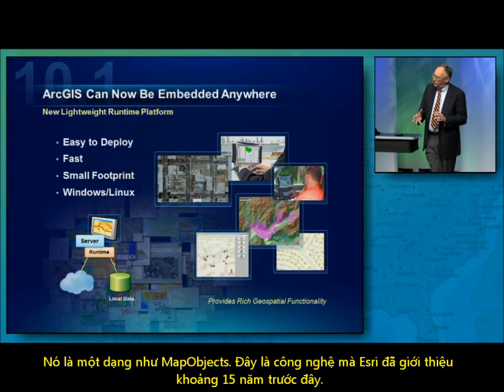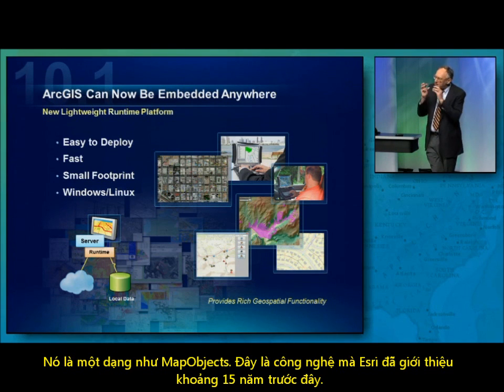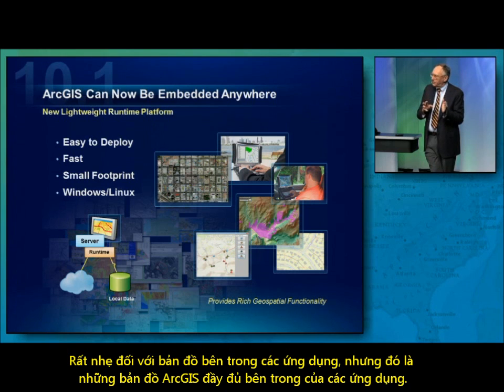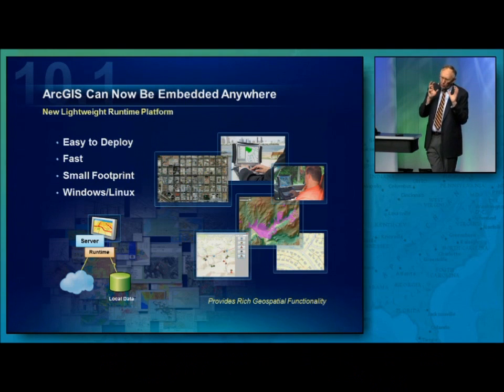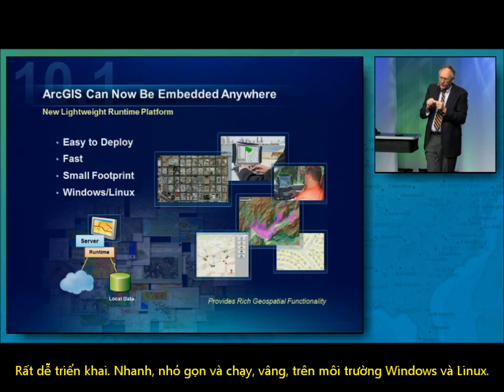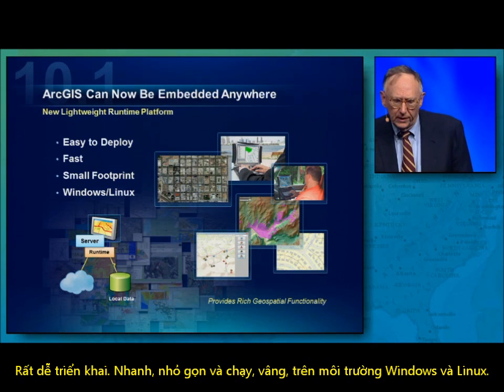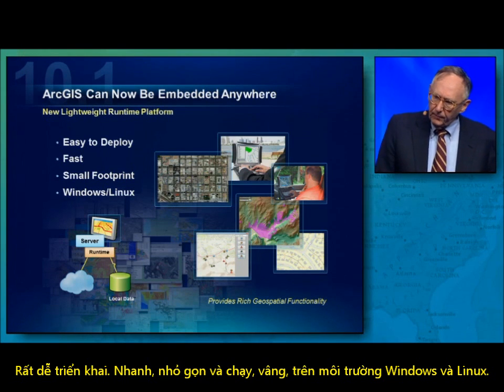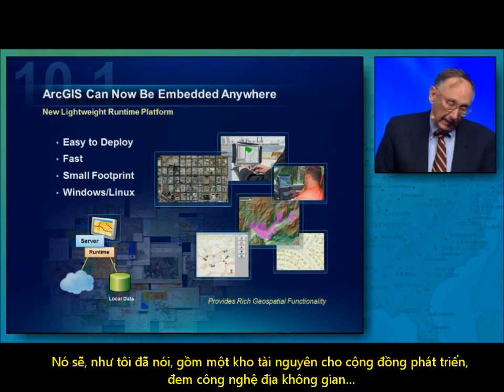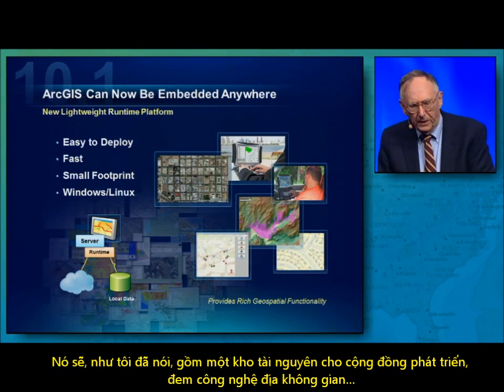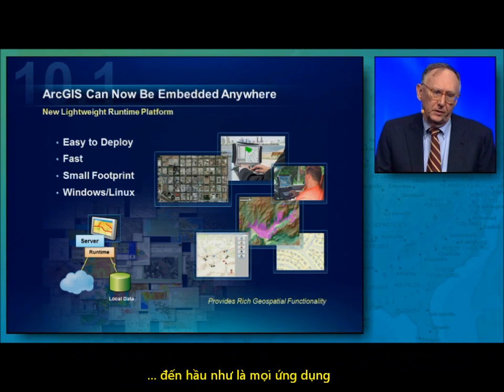This is sort of like MapObjects. This is a technology that Esri released maybe 15 years ago. Very lightweight for maps inside of apps. But this is the full ArcGIS maps inside of apps. Very easy to deploy, fast, small footprints, and runs again in the Windows Linux environment. This is going to be, like I said, a watershed for the development community, bringing geospatial technology into virtually every application.